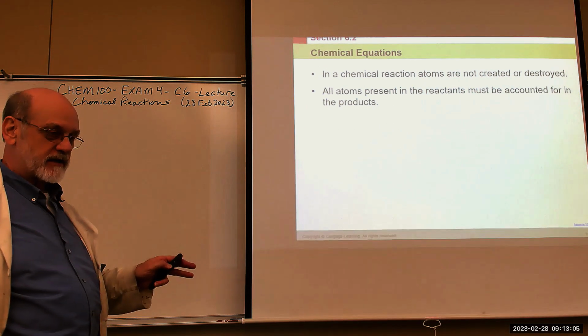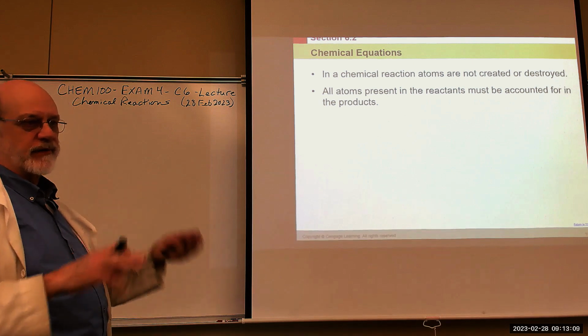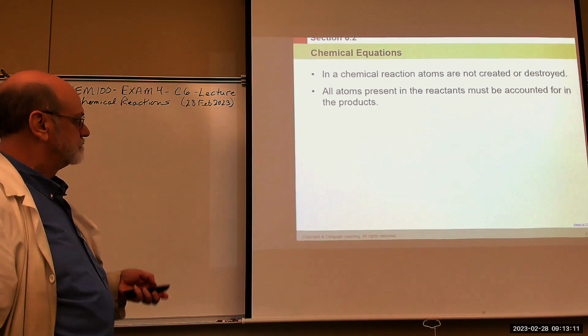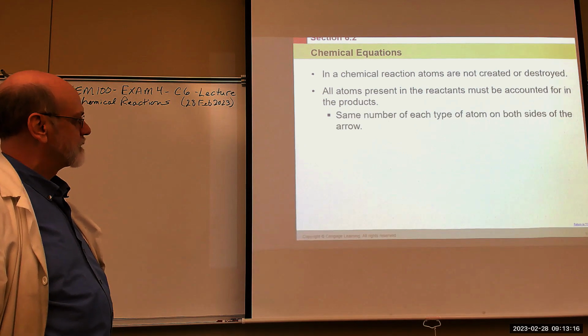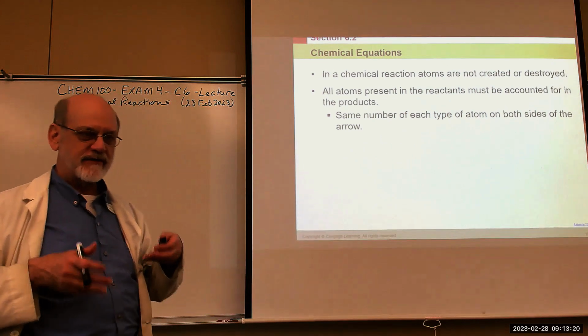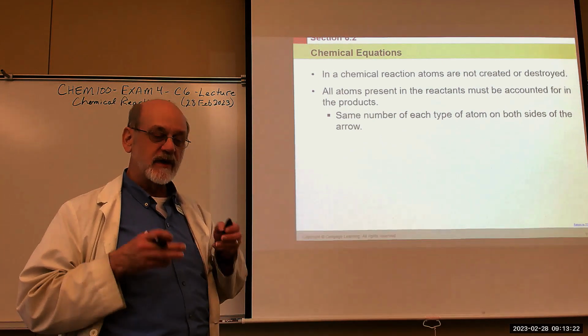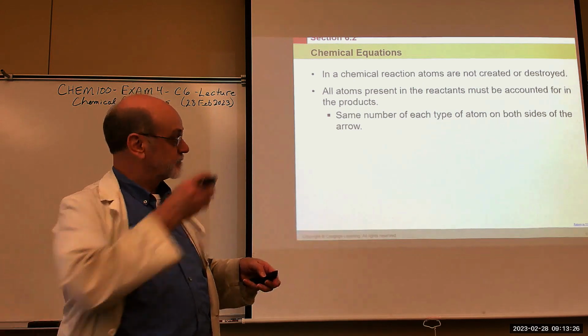We can't create atoms, we can't destroy atoms during a chemical reaction. They just trade partners, they rearrange. And in order for the equation to be balanced, we have to have the same number of atoms of each element on opposite sides of the arrow.